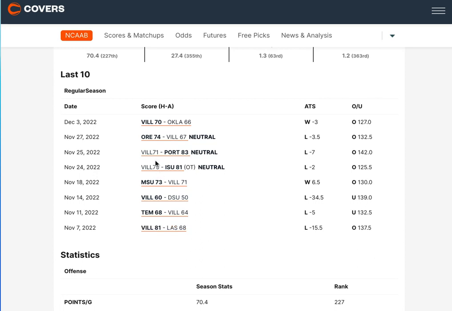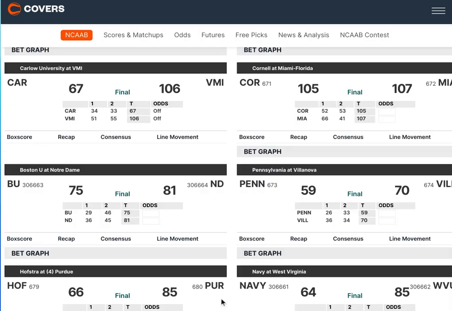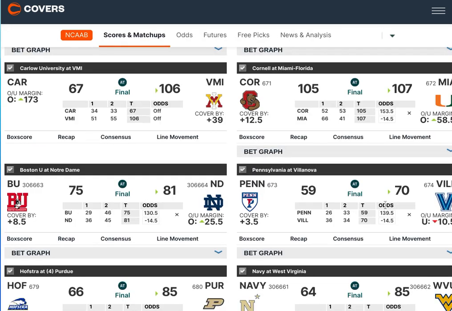So Villanova is 0 for 8, having to cover a -14.5 nut, and Pennsylvania was 8-2. So see how much sharper that is, a sharper way to calculate ATS.